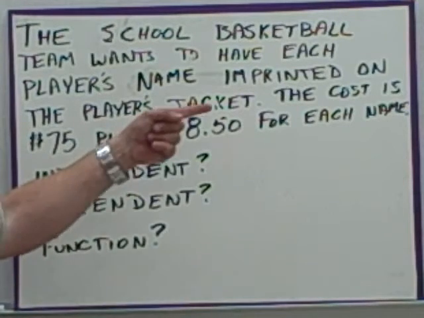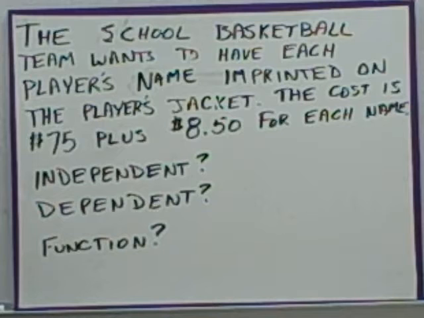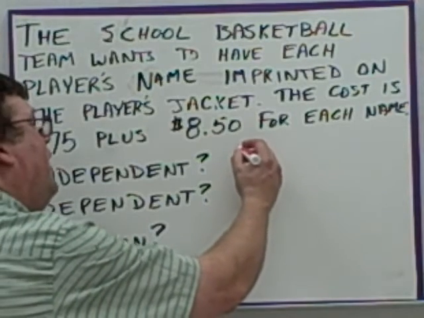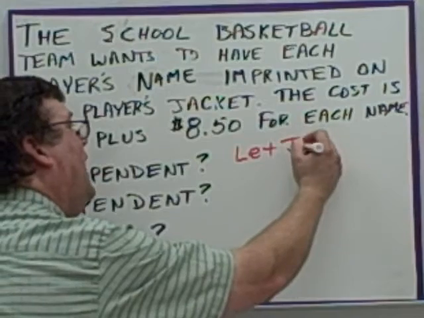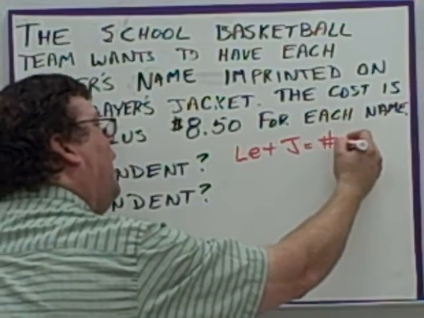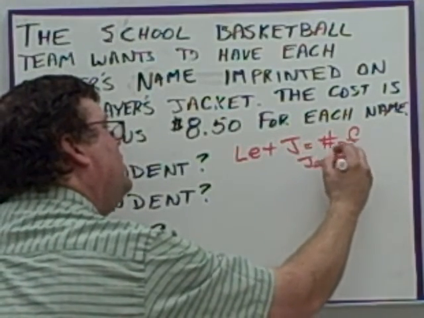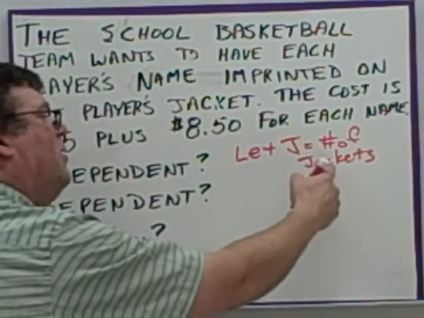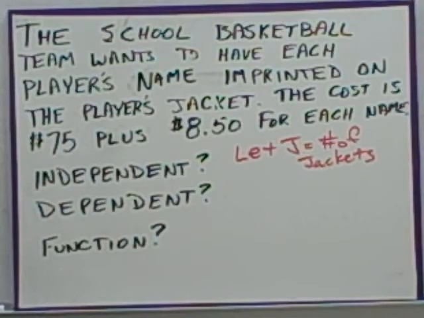Can I choose the total cost? No, that depends on the number of jackets. That's the independent variable. So we'll say let J equal number of jackets. So I've declared the variable, and that is the independent variable for this particular problem.